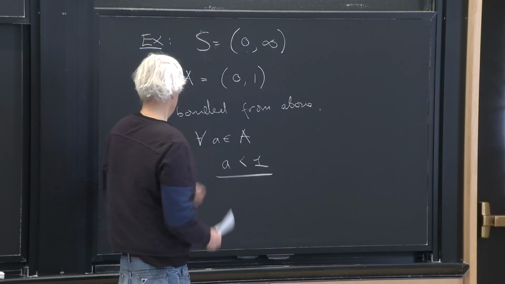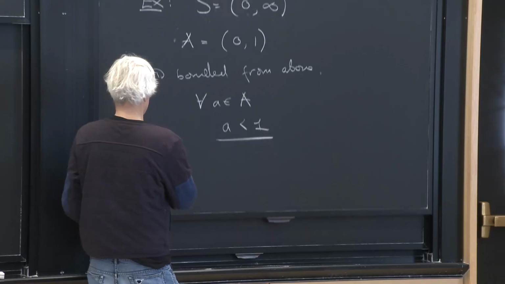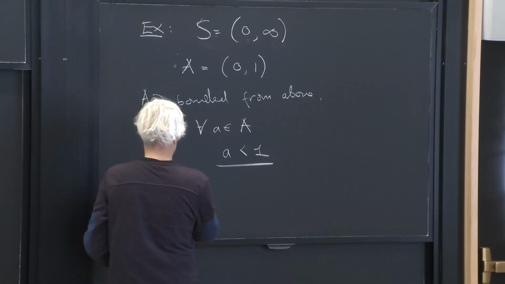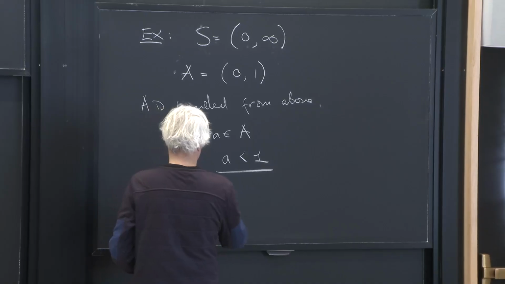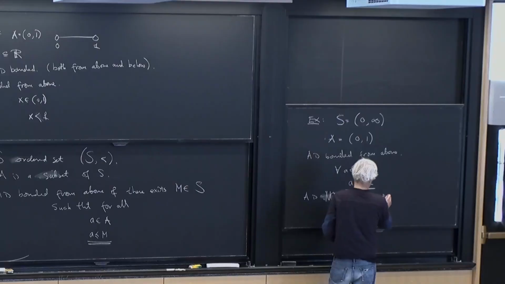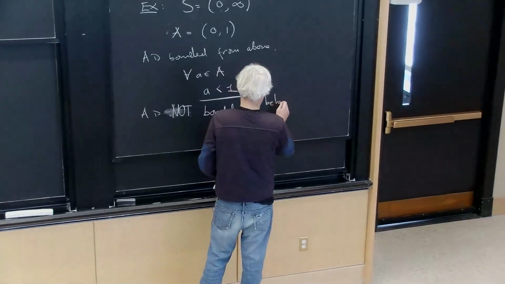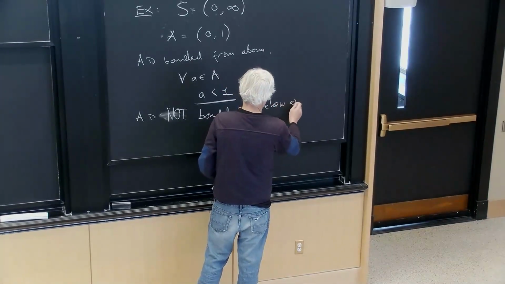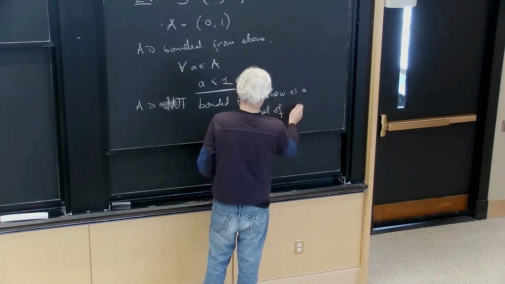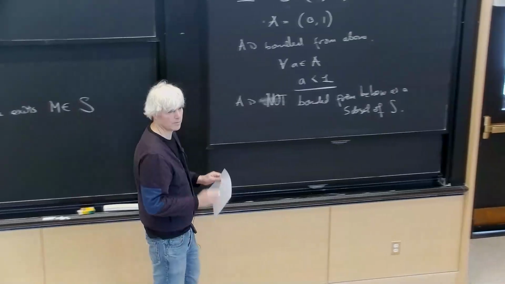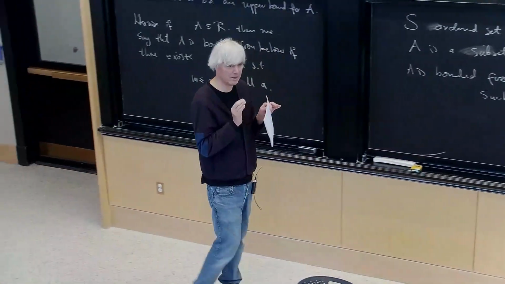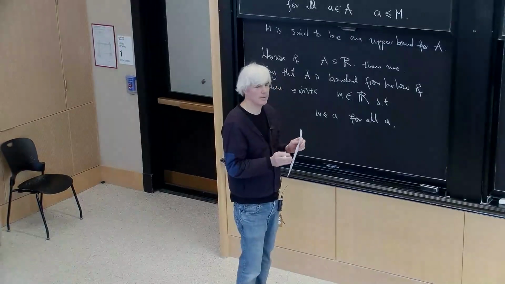So this seems maybe a little bit counterintuitive, but A is not bounded from below as a subset of S. Obviously, it is bounded from below if you were thinking about it as a subset of the real line. But if you think about it as a subset of S, it's not bounded from below.